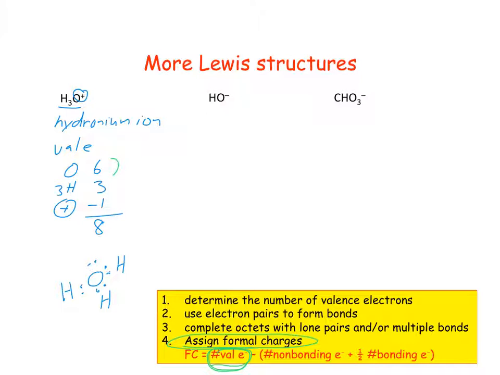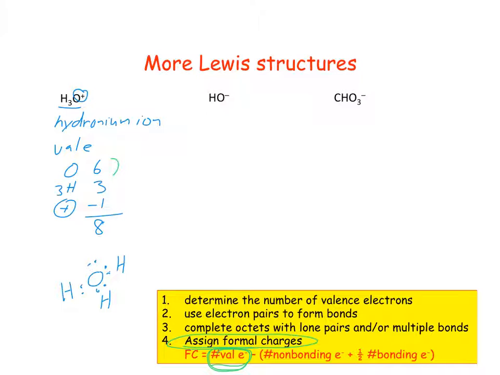So oxygen has 6 to start out with, and we're going to compare that number to how many it has in the actual molecule. And when we do this type of bookkeeping, it's going to be different than when we're just looking at complete octets. In this case, the atom can include all of the electrons if they're non-bonding, so those are unshared, but it only gets to include for itself half of the bonding electrons.